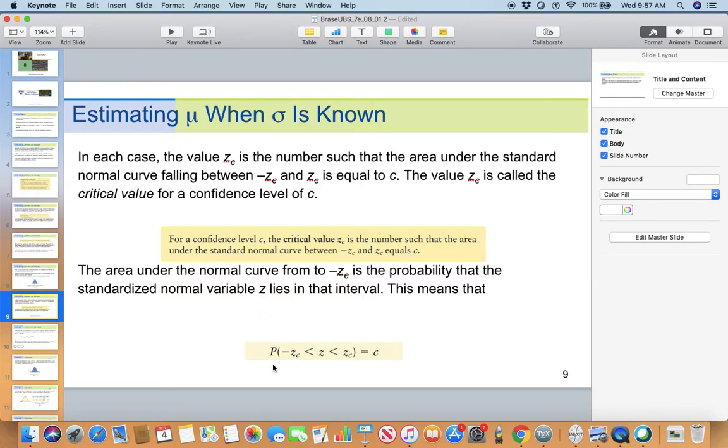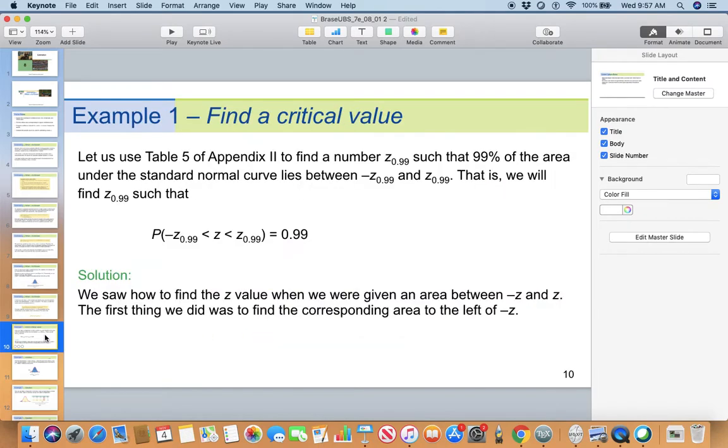So basically you're looking at the probability that your standard score lies between negative ZC and ZC. That probability has to be C. This is good. We use the standard table because we can use standardized scores so that we can use our tables.